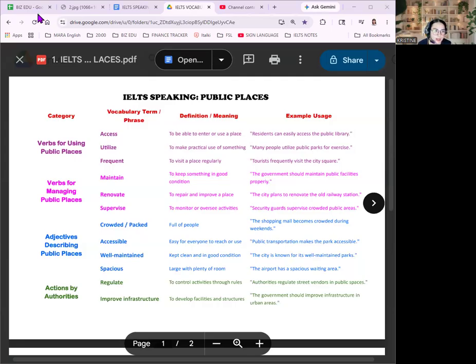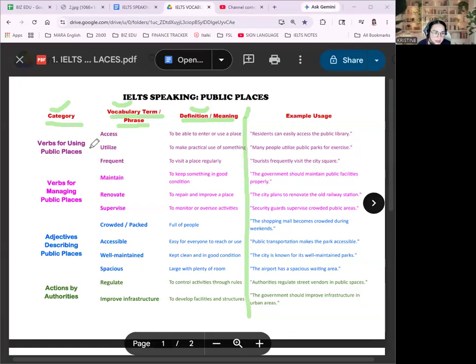Same with the instruction in the past, Peter. You just read the category, vocabulary term or phrase, and the definition. You can read the examples on your free time, but I just want you to read the three parts. So let's start.